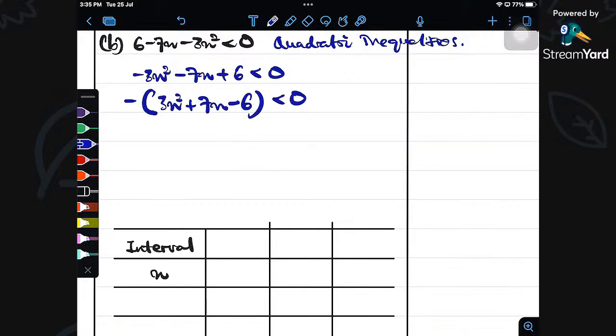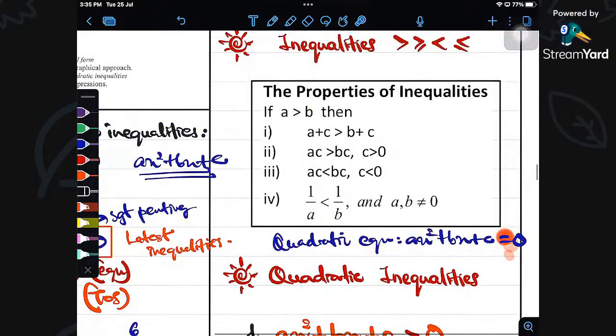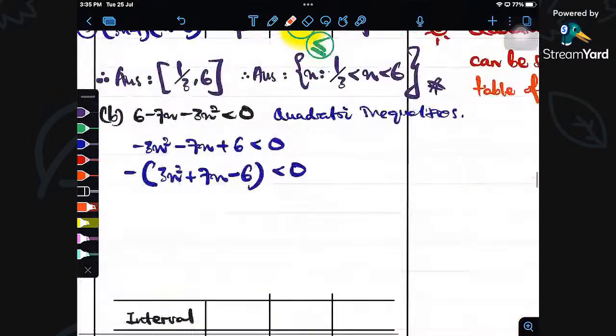Okay. And now I would like to divide both sides with a negative 1. So apabila kita divide both sides ataupun kita darab both sides with a negative value, simbol ni akan bertukar. Why? Because by understanding the properties of inequalities, ini propertiesnya, saya dah terangkan tadi kan, apabila C negative value, dia akan bertukar simbol daripada more than jadi less than and vice versa lah.